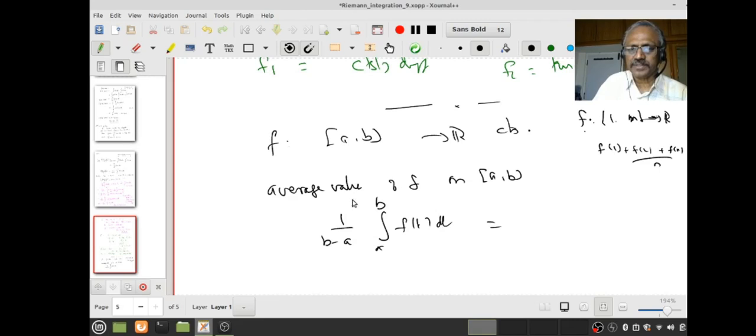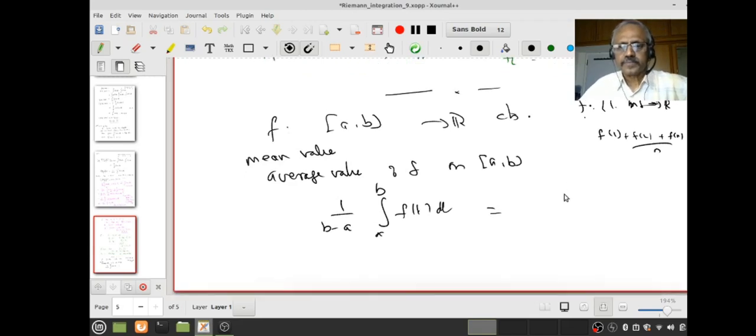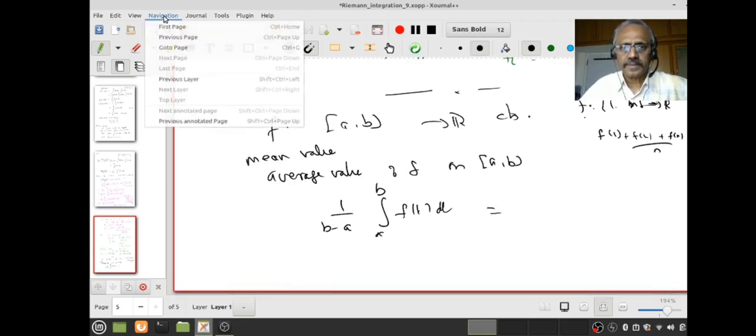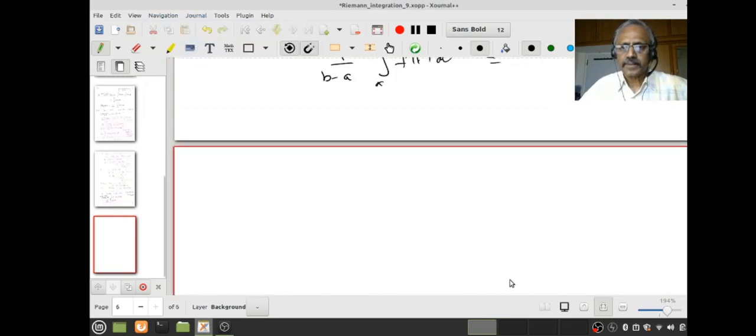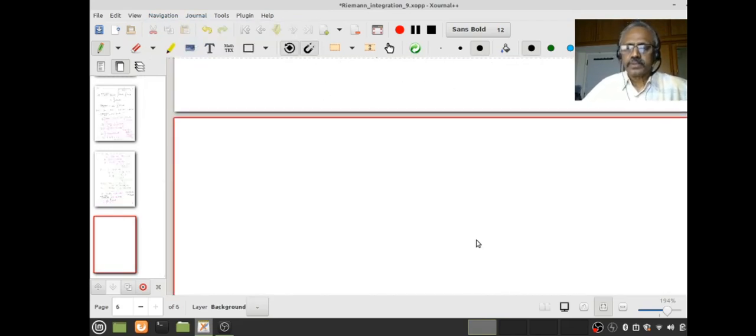Then this is called the average value or mean value. So the theorem which I want to talk about is the so-called mean value theorem for integrals.